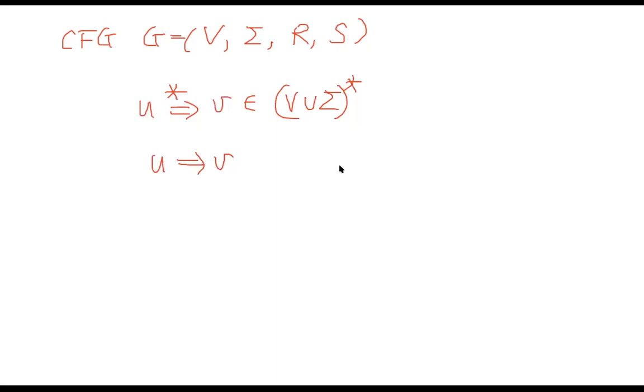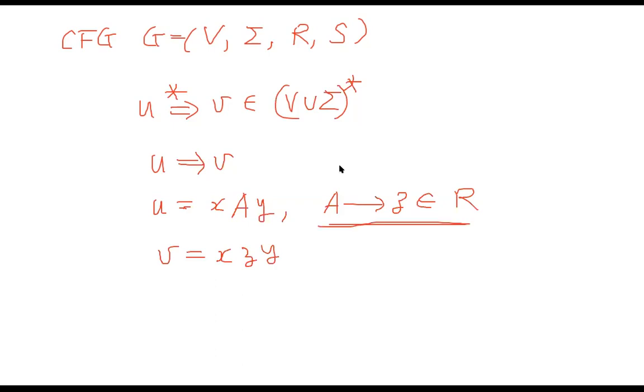It means that U contains a variable; let's say we have X, A, Y here. And A going to Z is a grammar rule. Then we can replace A with Z, so we get V equals X, Z, Y. This is a one-step application of one rule. So we say that U derives V in one step.